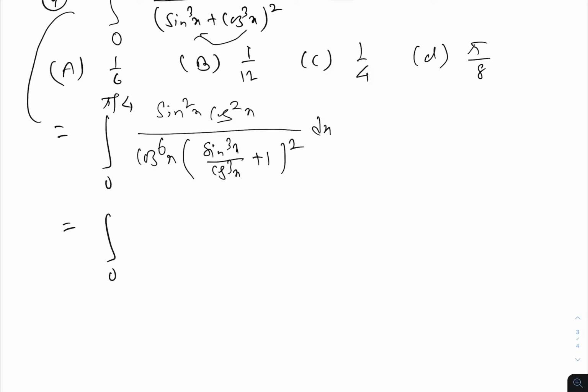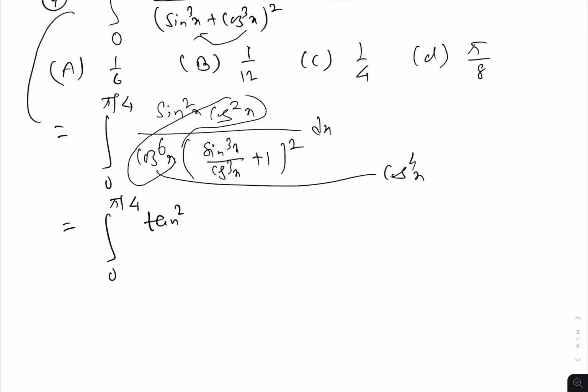Let us simplify this, 0 to pi by 4. Use this cos cube x, cos power 6 over cos square, so that is cos power 4. So here it will be cosine power 4. Now use that sin square over cosine square, so that is tan square x, and one more cosine square x, 1 upon cosine square x.